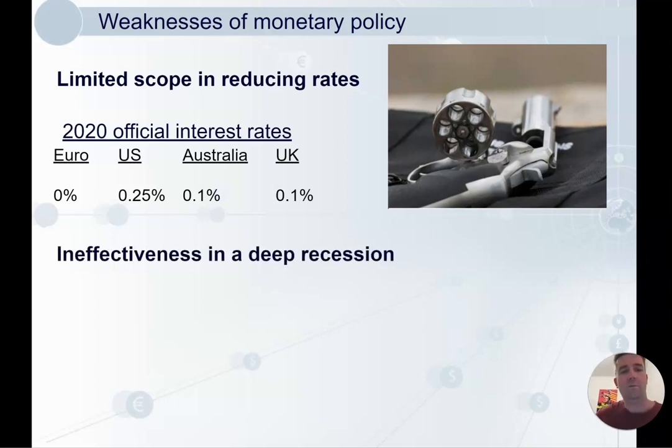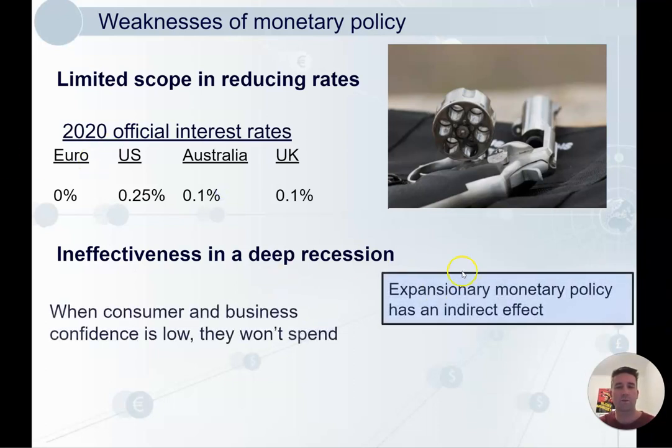There's also the problem of being ineffective in a deep recession, and that is due to expansionary monetary policy really having an indirect effect on aggregate demand. So I should have said on aggregate demand here, because you lower interest rates. So if they lower interest rates, I pay less on my mortgage each month, but that doesn't change aggregate demand unless I spend the money.